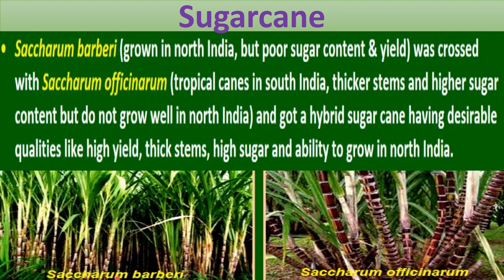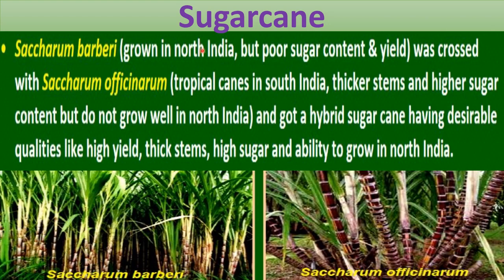So Saccharum barberi and Saccharum officinarum are two different varieties of sugarcane. Out of this, Saccharum barberi grown in North India had poor sugar content and yield. This was found in North India, but its sugar content was very less and its yield was very less because of the thin stem.